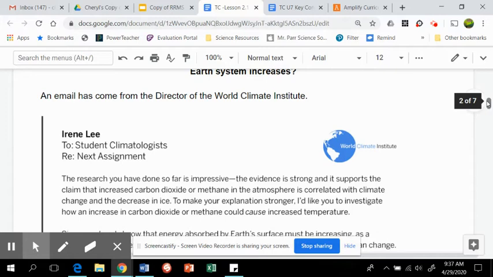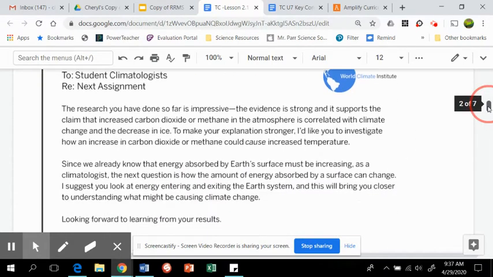An email has come from the director of the World Climate Institute. From Irene Lee to student climatologist, that's you, regarding your next assignment. The research you have done so far is impressive. Remember, she works for the World Climate Institute. The evidence is strong and it supports the claim that increased carbon dioxide or methane in the atmosphere is correlated with climate change and the decrease in ice. To make your explanation stronger, I'd like you to investigate how an increase in carbon dioxide or methane could cause increased temperature.